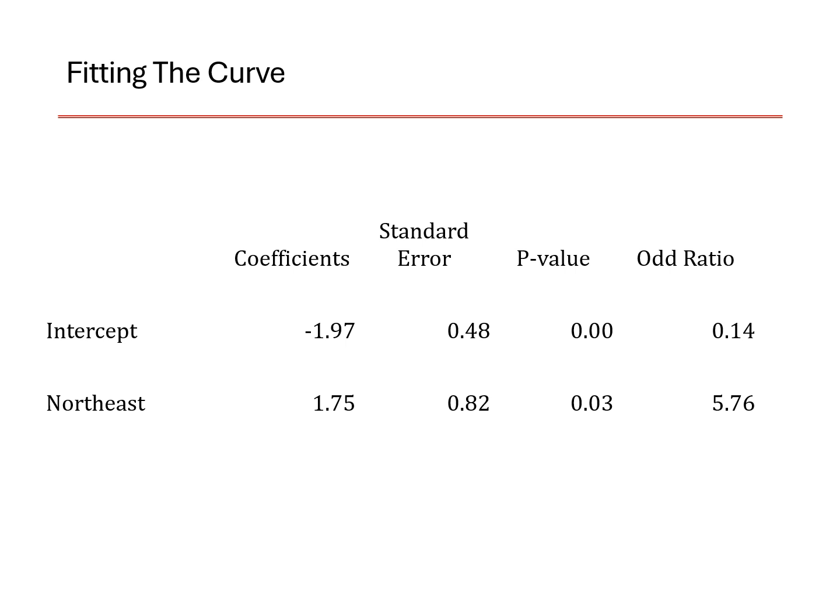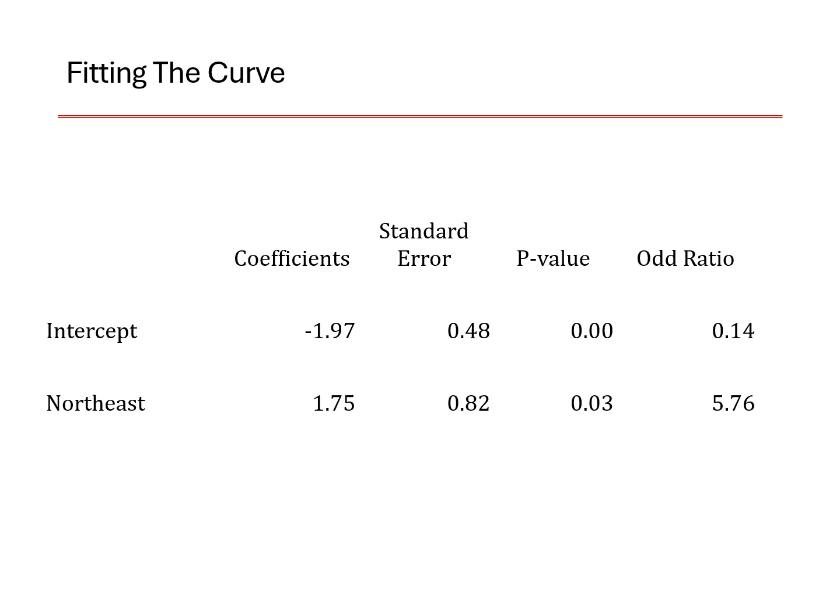The intercept is beta naught, and then the coefficient for Northeast is beta 1. Northeast is a binary variable, so our reference category would be states that are not in the Northeast. And what we have there in that first column, coefficients, is the beta column.